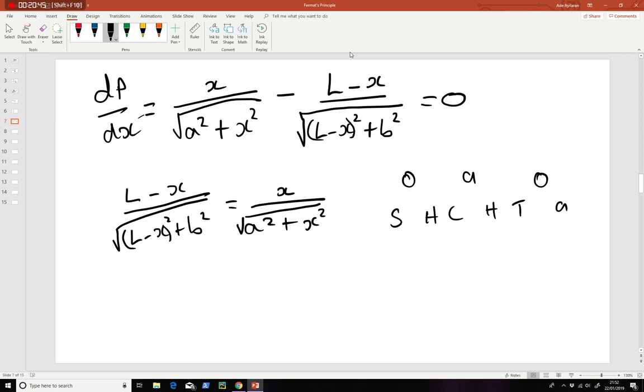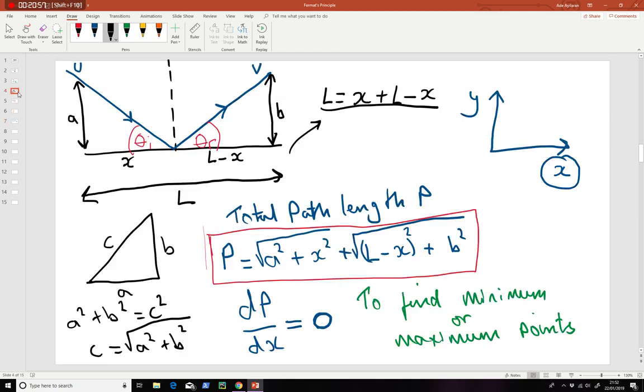That's my favorite way to remember my trigonometric identities. So what does this equal? L minus x is relevant to the right angled triangle, and if we do everything with respect to the angle here, it all comes together. So L minus x is actually the adjacent to this angle.